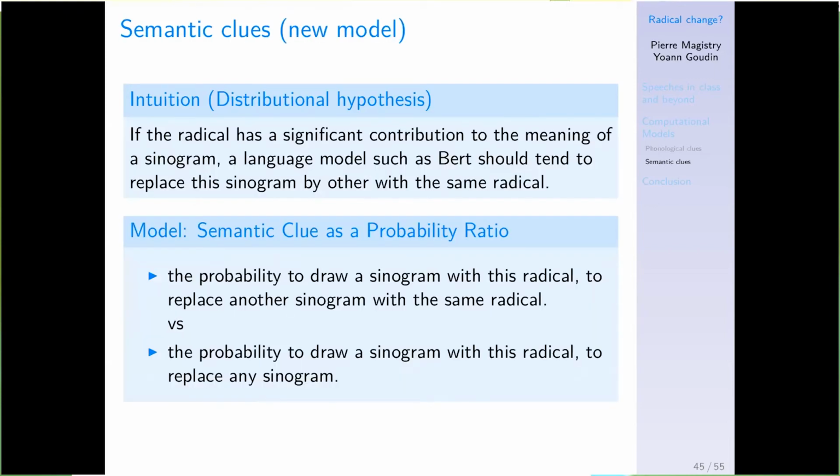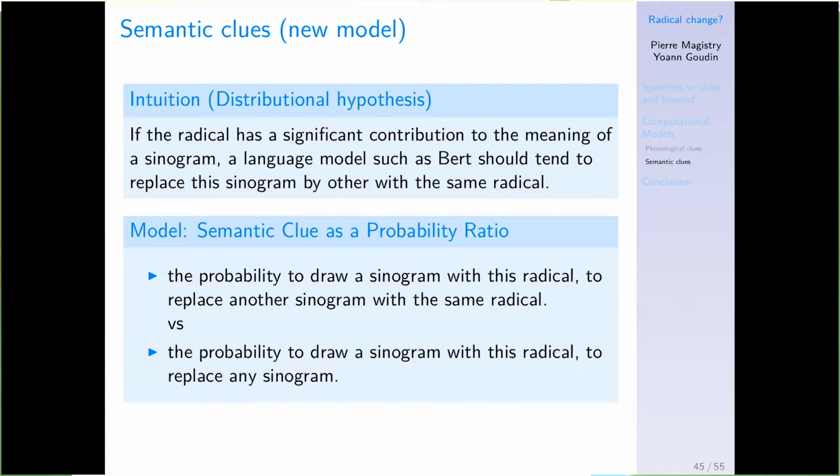So another proposition is to rely on more shiny, brand new, large language models that you can find in all NLP papers these days, such as BERT, which are models that are designed to guess masked sinograms.